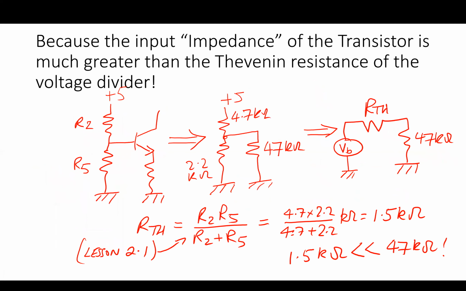So let's look at some equivalent circuits here. Here is my voltage divider and here is the transistor. I've just said we can replace the transistor with something like a 47 kilo ohm resistor, and here it is. Now we know we can replace these two resistors with their Thevenin equivalent circuit. Instead of 5 volts here, we now have a 1.54 volts voltage source, and then the Thevenin equivalent resistance of these two resistors.